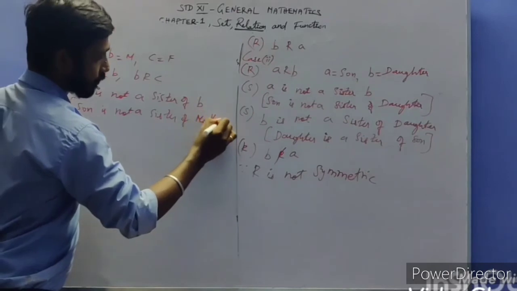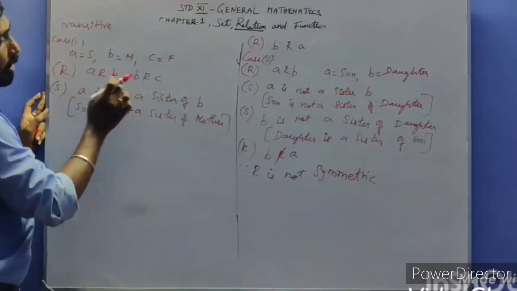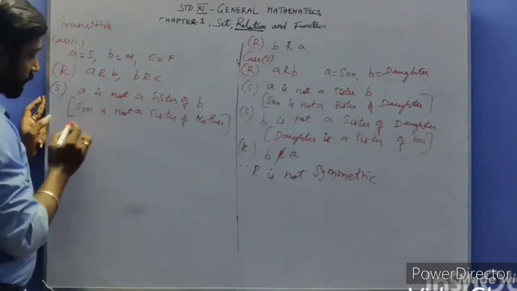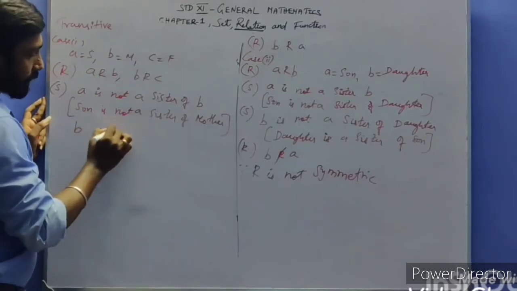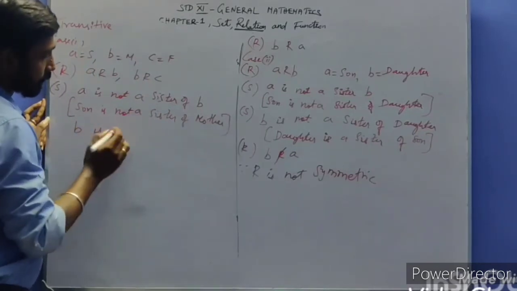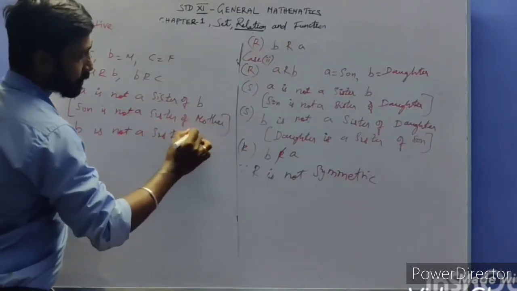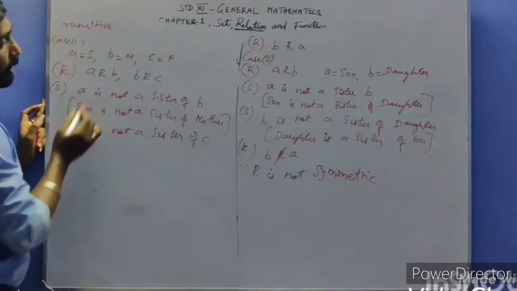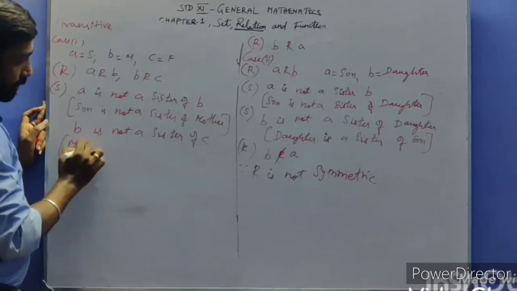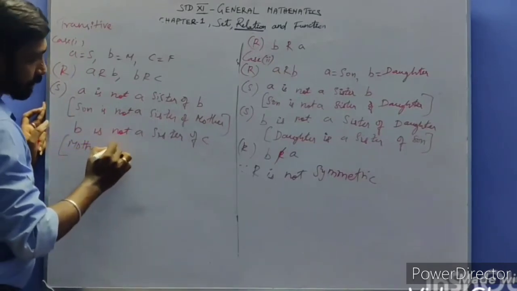The next statement, B is related to C. That means B is not a sister of C. The example: B will be mother.